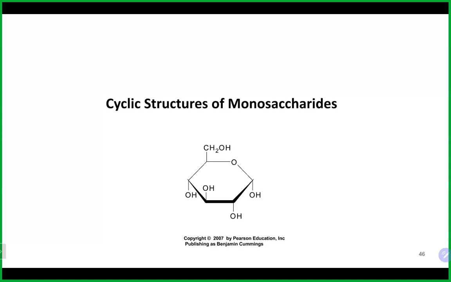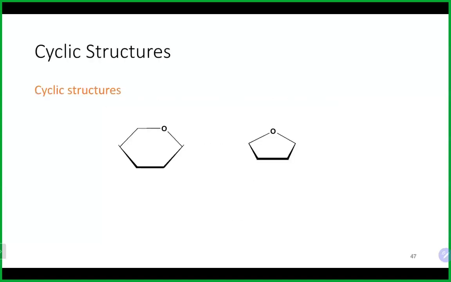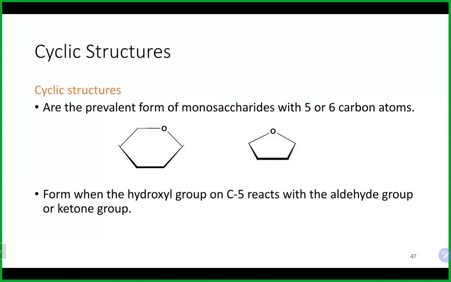So let's talk about the two main rings that we see when we are dealing with cyclic carbohydrates. You could think of them like our organic rings, like our cyclohexane and our cyclopentane ring, except that they are missing a carbon because they actually have an oxygen that has been inserted inside.